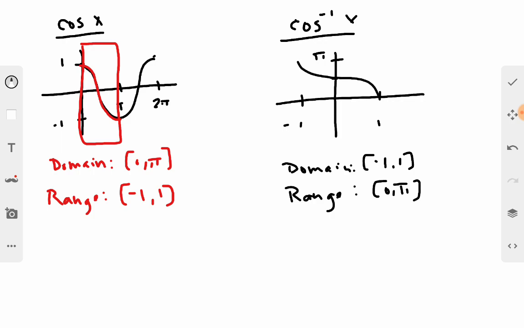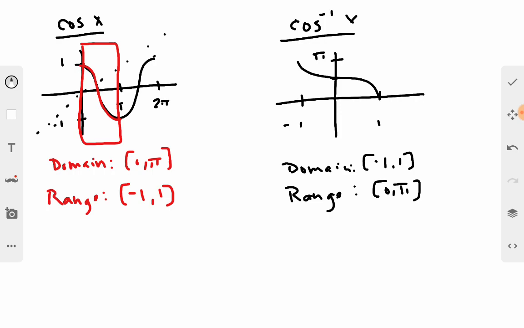You kind of get the idea though, like that. Okay, so again, remember we flip around the diagonal x equals y. So that's going to flip it up into the top part of the graph. Okay, so that's what our cosine inverse graph looks like.